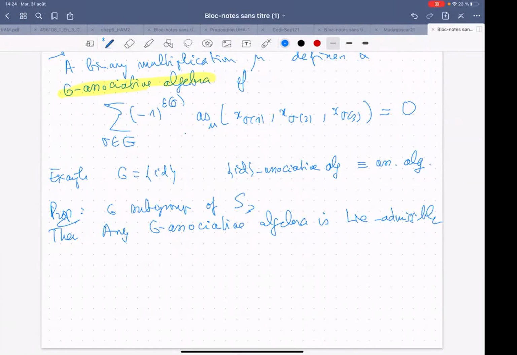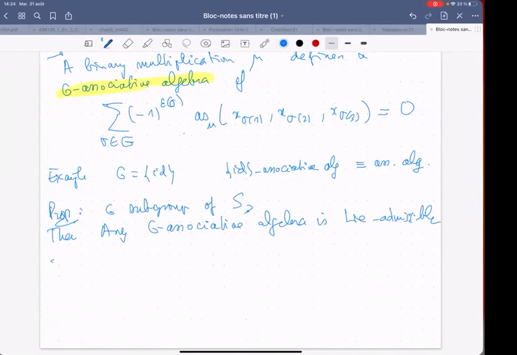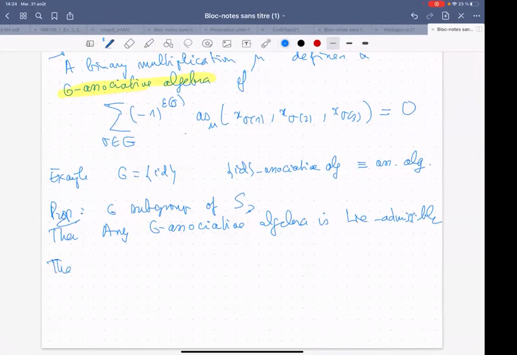In fact, we know all the subgroups. The subgroups of S3 are well known.